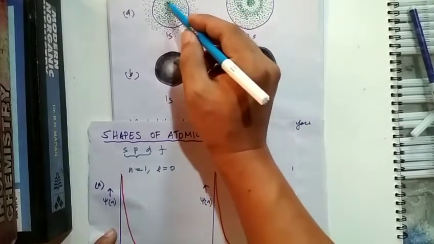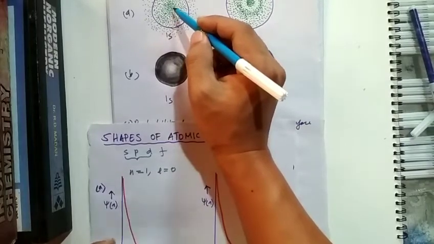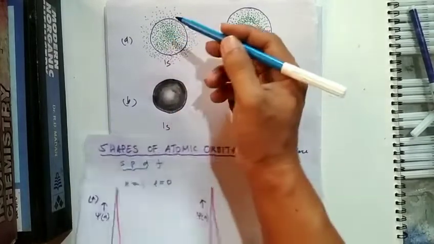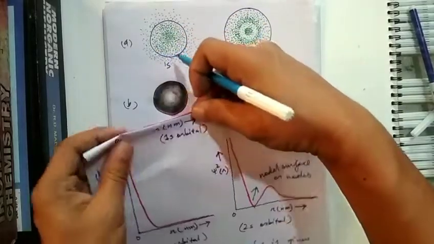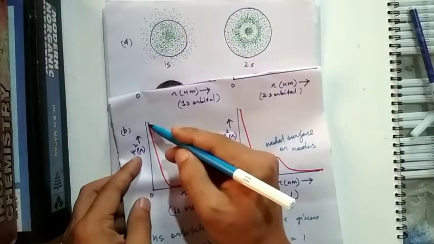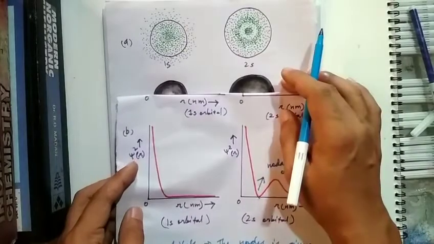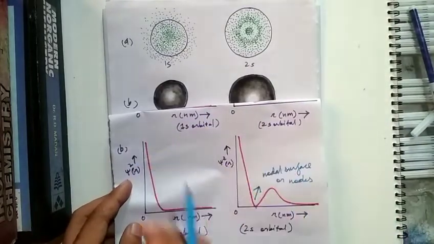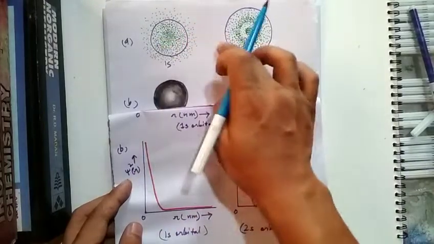The probability of finding the electron near the nucleus is maximum, and then decreases if we move away from the nucleus.